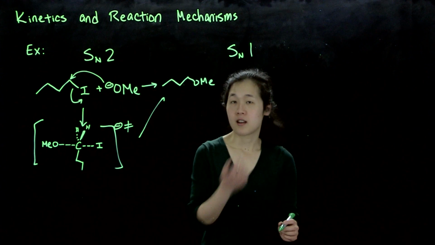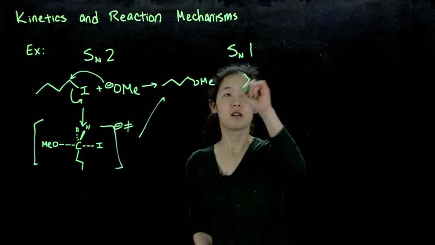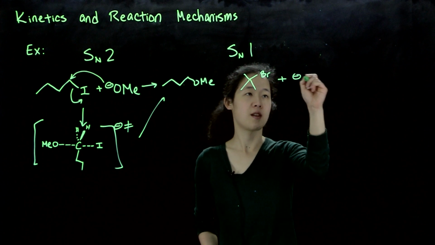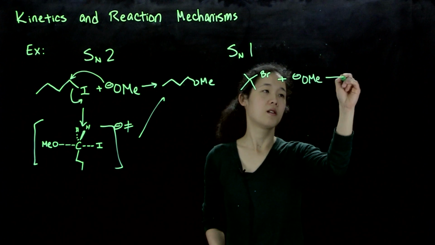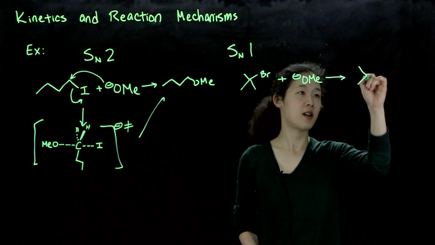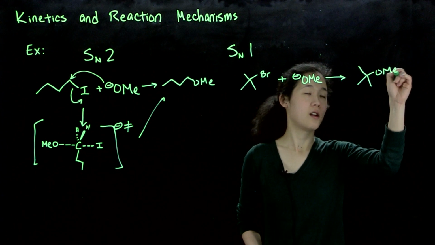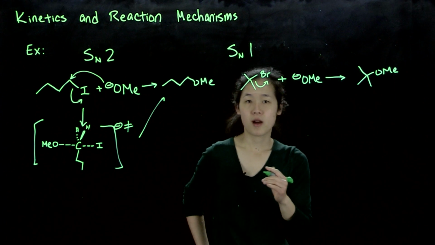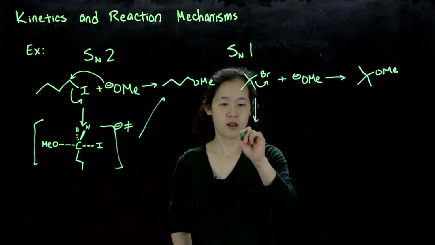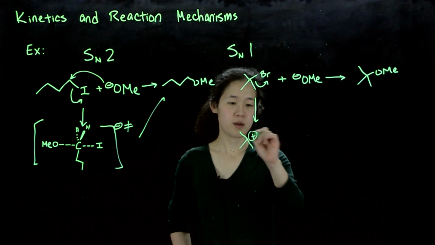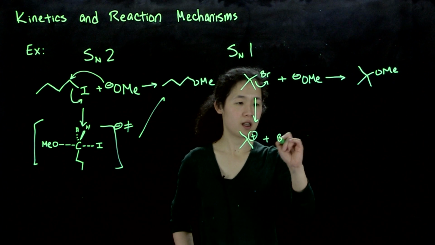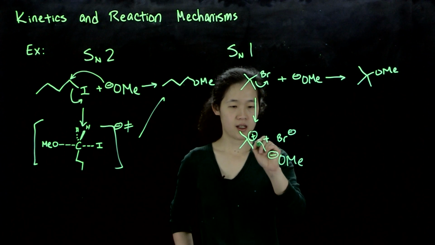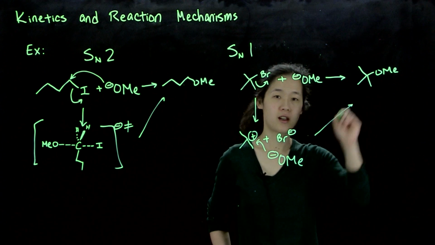For SN1, on the other hand, we start with a tertiary halide and add methoxide, for example. We still form the substituted product, but this proceeds by dissociation of the bromide anion to form a carbocation intermediate plus bromide, and then the methoxide comes in and attacks to form that same product.